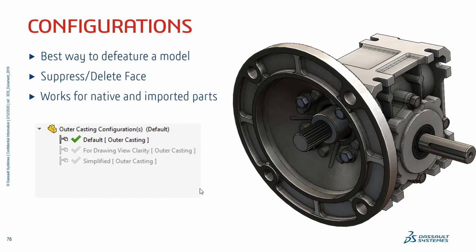Configurations: you can use configurations to minimize the load on the graphics at the assembly level. Suppose you want to create a component with a very feature-rich model. When you put that component in the assembly, you have to create a very simplistic version of it, like we said with an imported component.